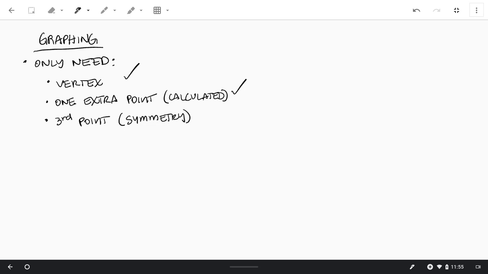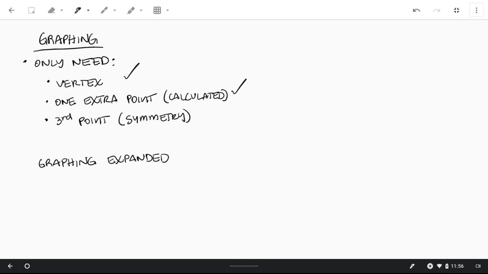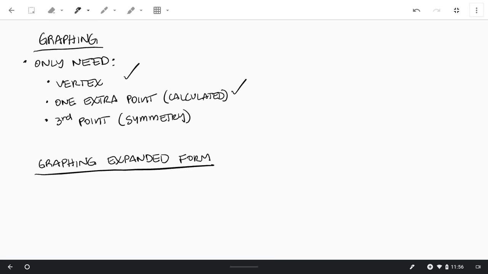Actually, that one's the easier one, so let's do expanded form. So this one is the one where you need that formula for the vertex. Okay, so that's the one that looks like this.